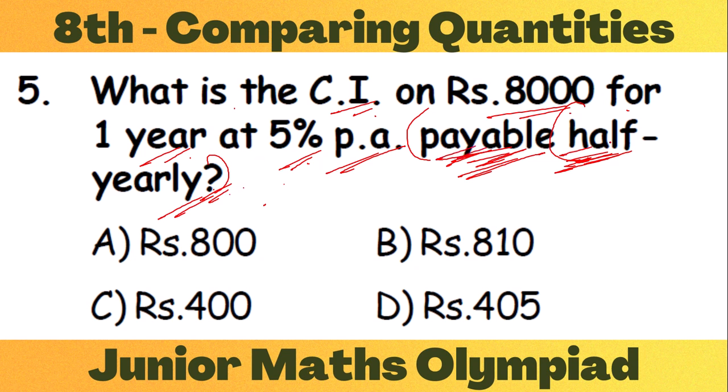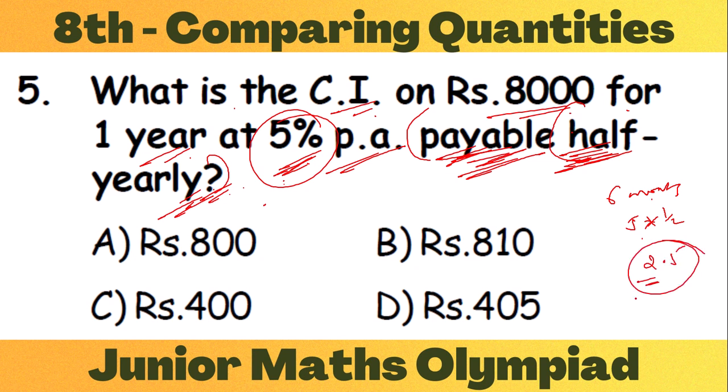If they give payable half yearly, it means they are paying every 6 months. So that's why the given rate of interest we have to make it half part. We have to take it 2.5. And time, they are paying half yearly, means in 1 year they are paying 2 times. So this time we have to consider as 2.